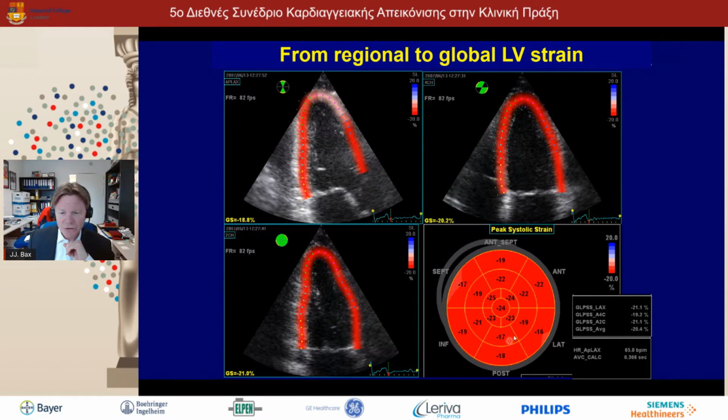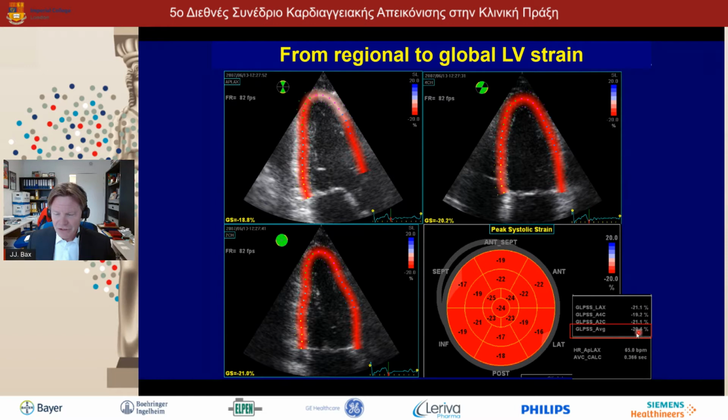And from that, the software can post-process for you, just like a nuclear scan, a polar plot, where this is the apex here, and these are the basal areas, and this is the septum, where the right ventricle inserts, anterior, lateral, posterior, inferior. This here, where I put the red square, is the global strain of this ventricle.